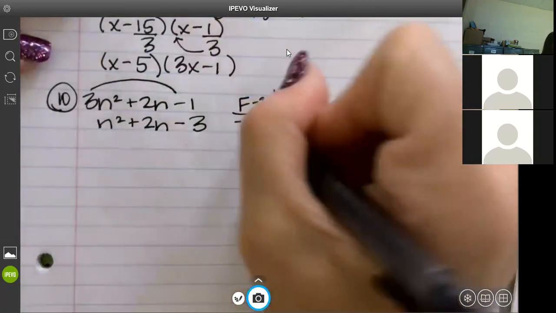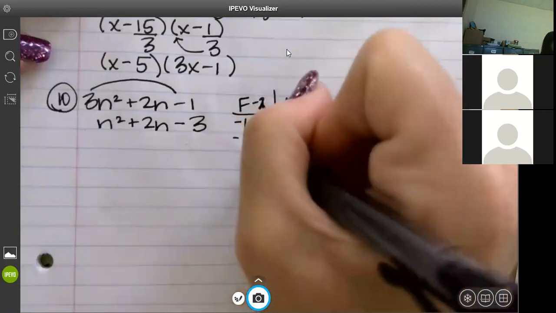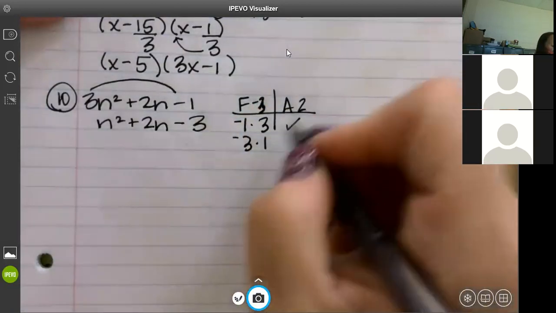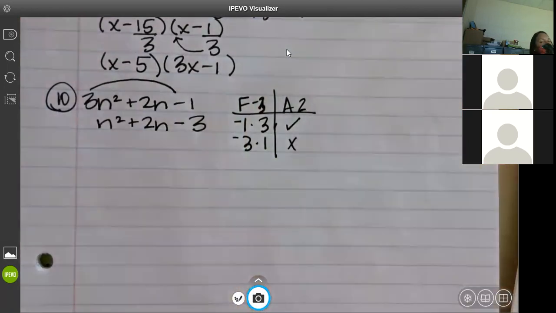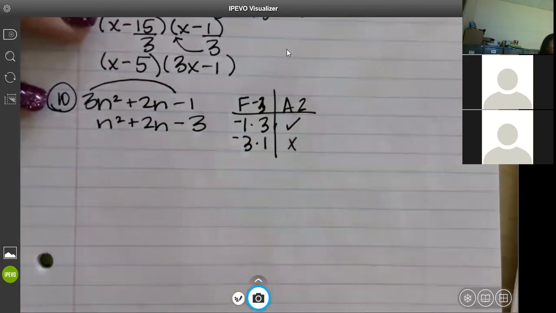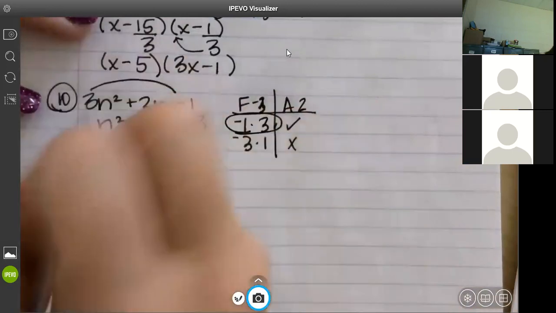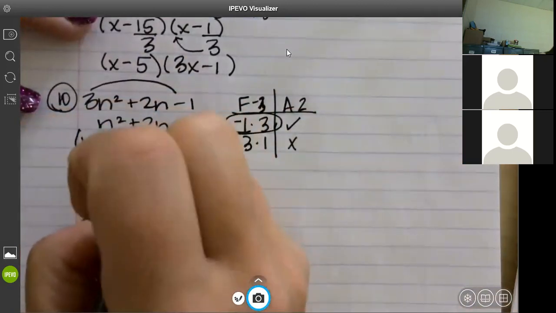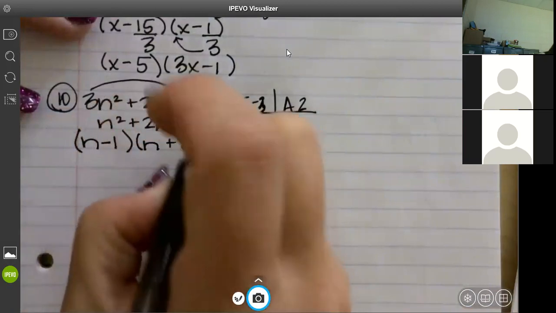Your factors are either going to be negative 1 and 3 or negative 3 and 1. I need a positive 2, so it's got to be the first one. Again, when I add them, I need a positive 2. So we're going to do our variable and our factor, n minus 1, our variable and our factor, n plus 3.